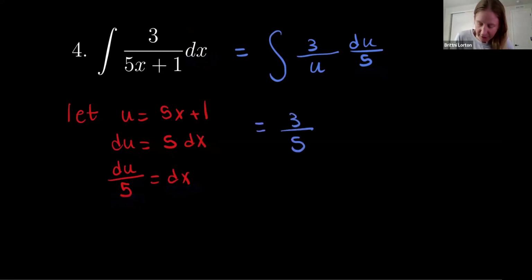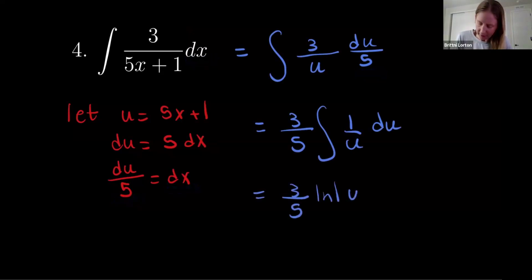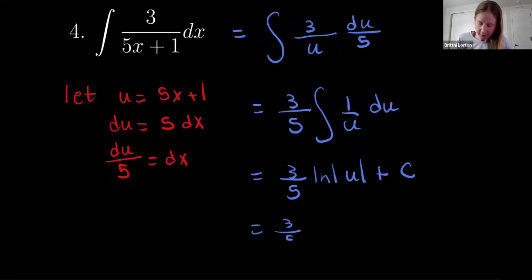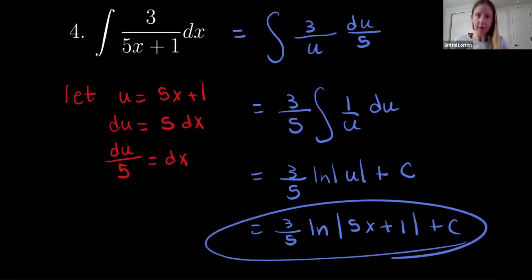That 3 and divided by 5 is a constant multiple, so you can take that outside the integral, and then it becomes something just like the last couple of problems where you have the ln of the absolute value. Don't forget your plus c. Make sure you write that nice and organized, and then I can replace my u with the 5x plus 1 plus c. Ta-da!